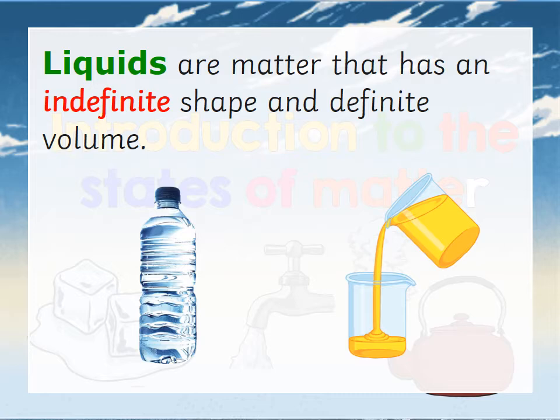Liquids are matter that has an indefinite shape and definite volume. Means that it takes the shape of any container that it is poured into, but the volume remains the same.